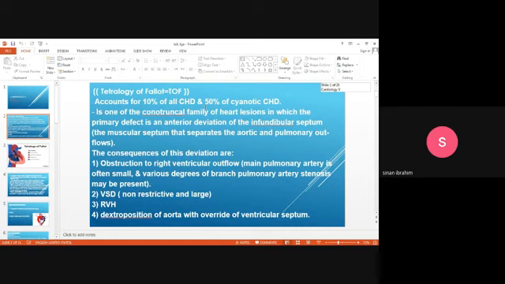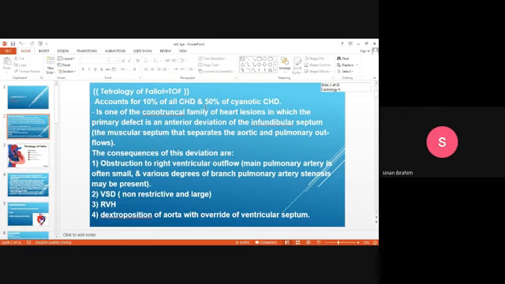We must do a cath for every patient with tetralogy of Fallot to see the anomalies associated with it and associated stenosis. So this is one of the pictures we see in the catheterization before surgery. Also, the second consequence of this deviation will be VSD, which is usually non-restrictive and large.